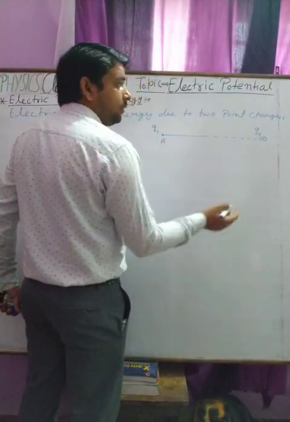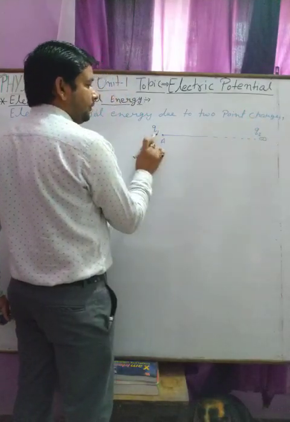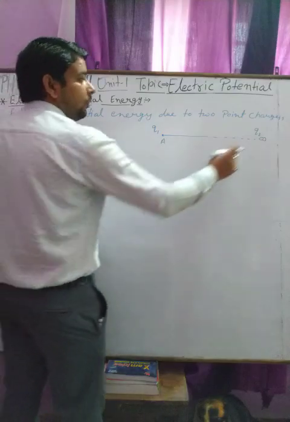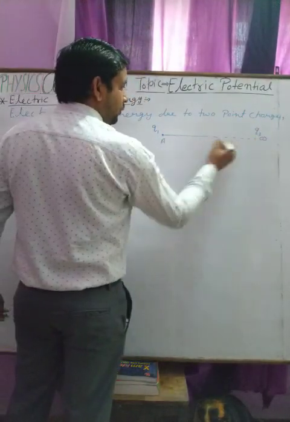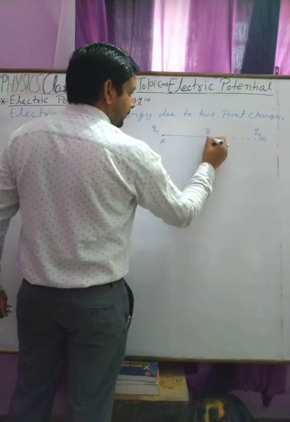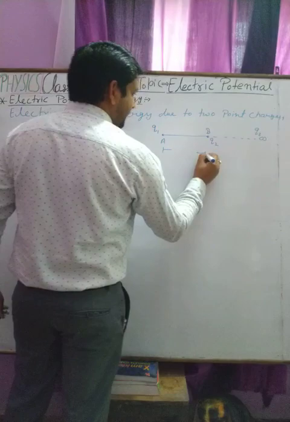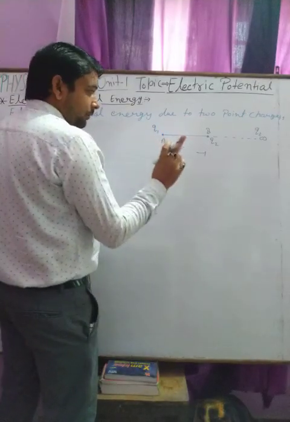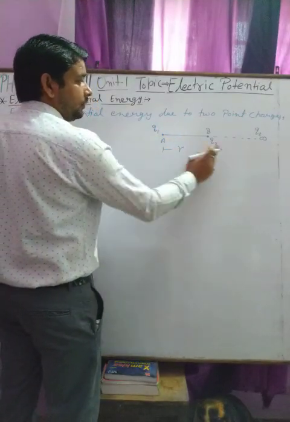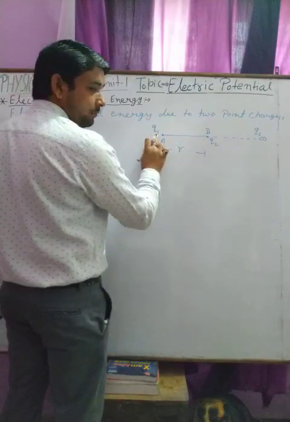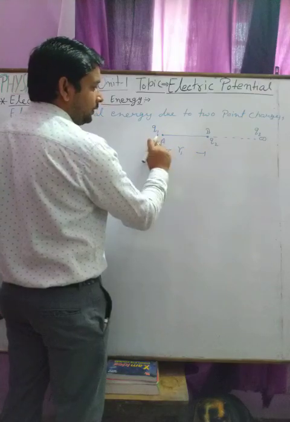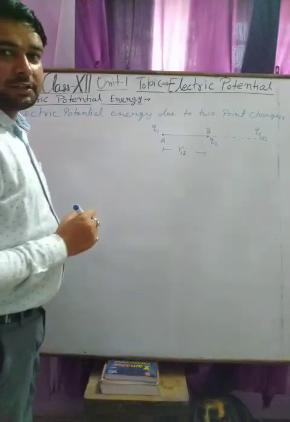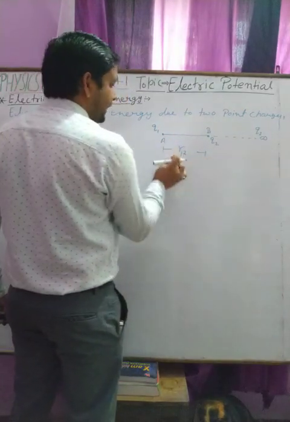Now to derive the formula for the potential energy, we need to do some work against the force of attraction or repulsion due to charge q1 on q2 to bring q2 to point B from a distance. Student, this distance is r12.